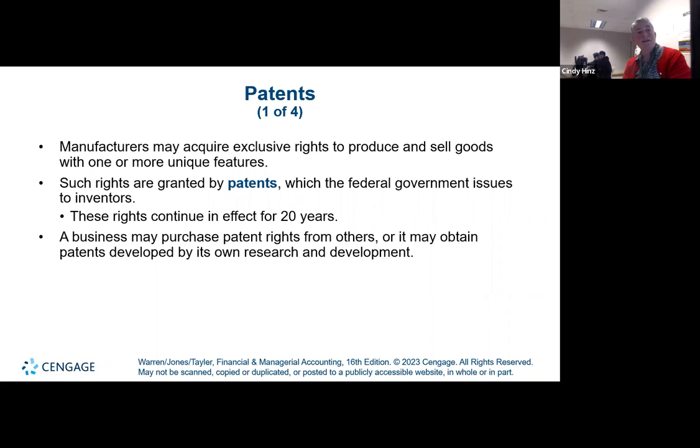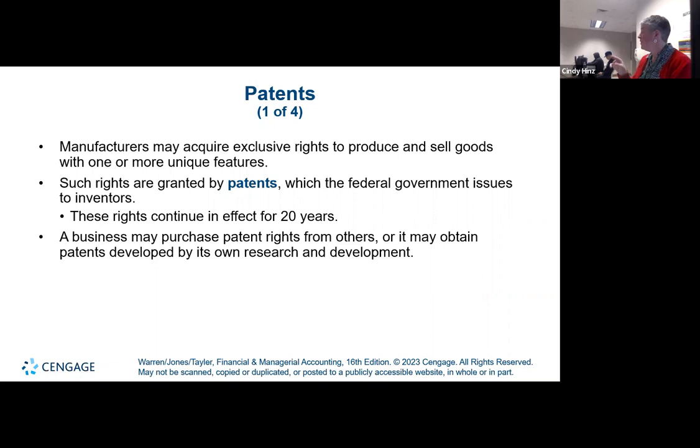Some intangible assets are automatically amortized over their legal life or their estimated useful life, whichever is shorter. And so you can see, looking at patents here, patents are good for 20 years.